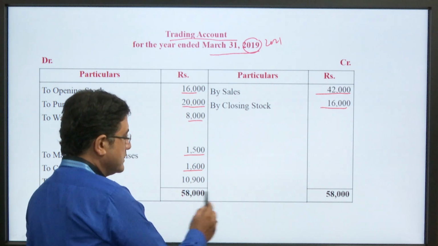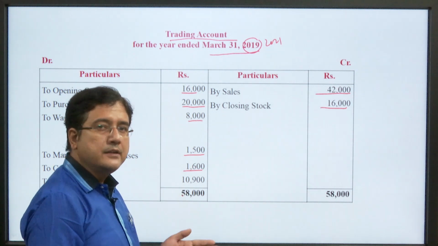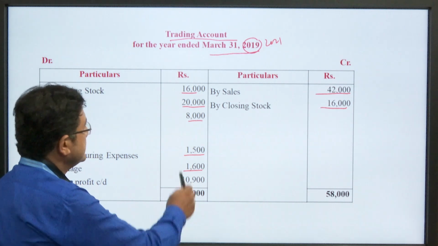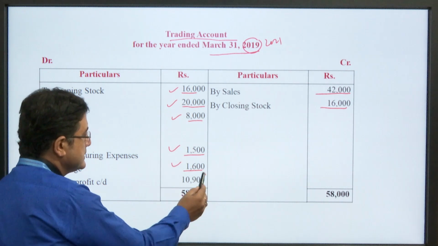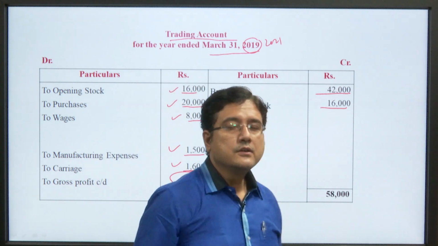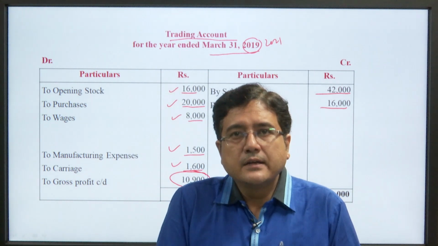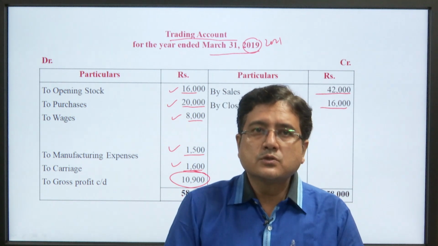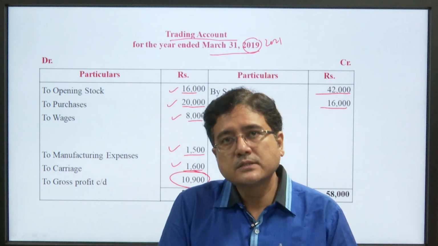So, write down 58,000 on both sides, then deduct the other side from it. From 58,000 I deduct this and this. Finally, I received a value of 10,900. This value is known as gross profit.